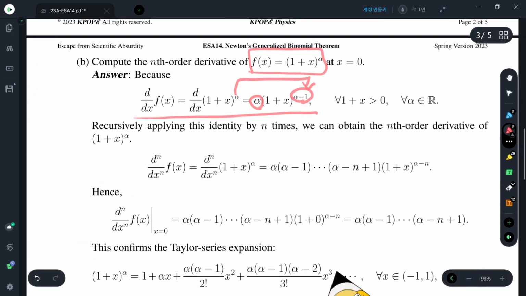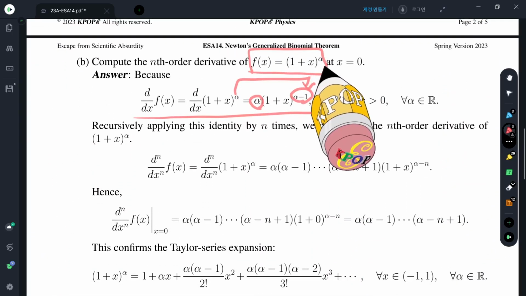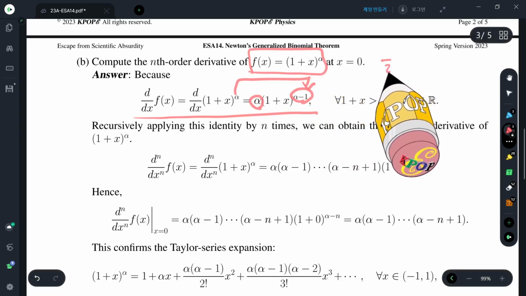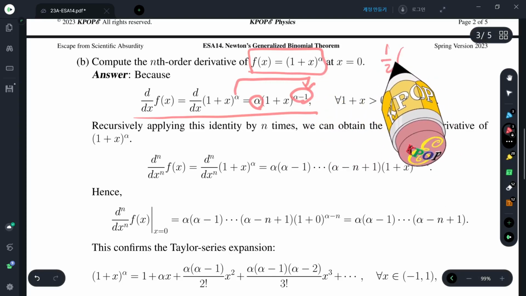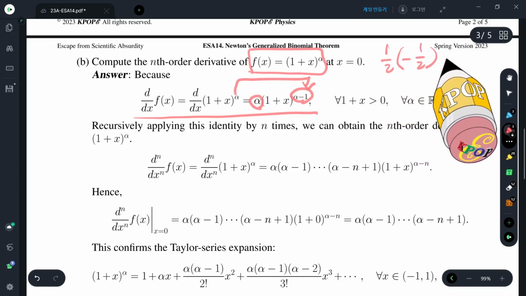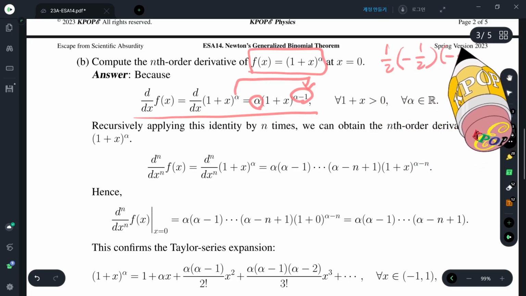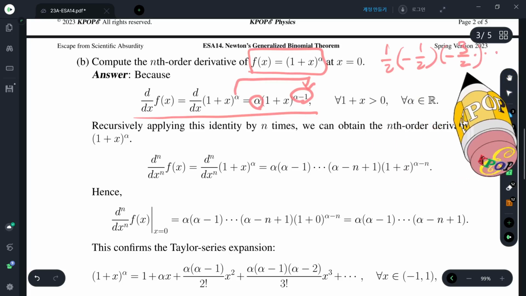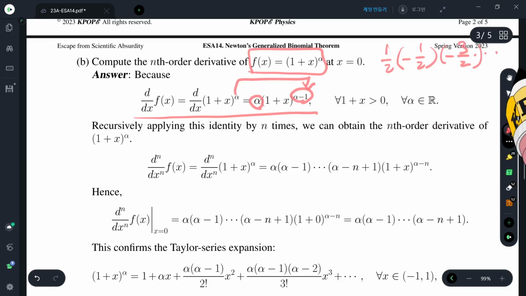In general, for a real number alpha, for example 1/2, if I subtract, it never terminates. It is infinite.